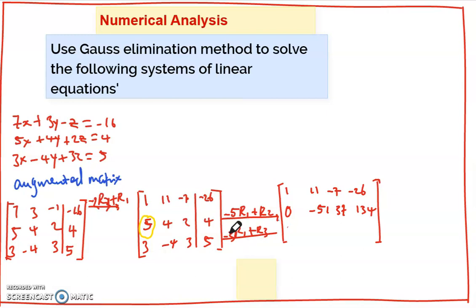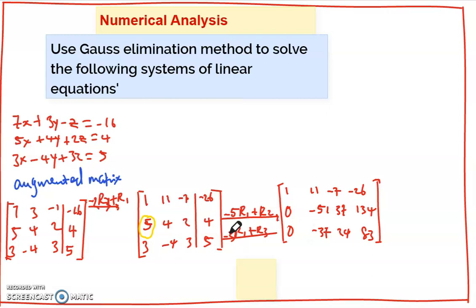This will give us 0 here, and that is our target. So here we will simply get 0, and here is -37. We'll have 24, and then we will have 83.